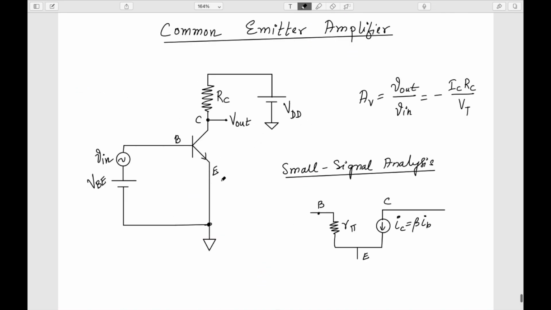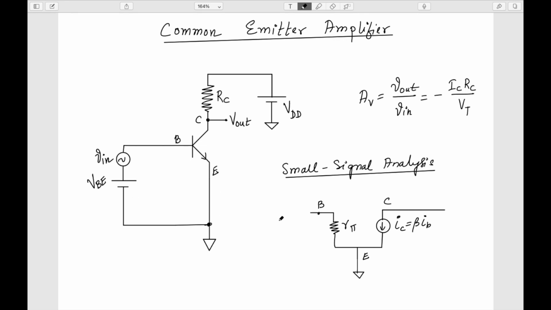Now if you see here, the emitter is connected to the ground, and the input V in is applied to the base. Because VDD is a DC voltage, and we know that in a small signal analysis, as we have discussed before, all the DC sources should be shorted.